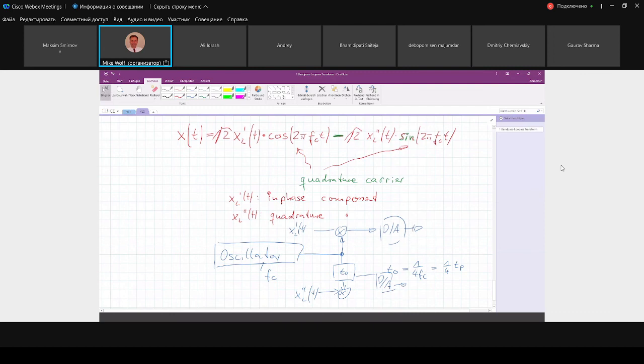Sorry, this was nonsense. This is upconversion, right? And I need to add both. Then I have this digital-to-analog conversion.